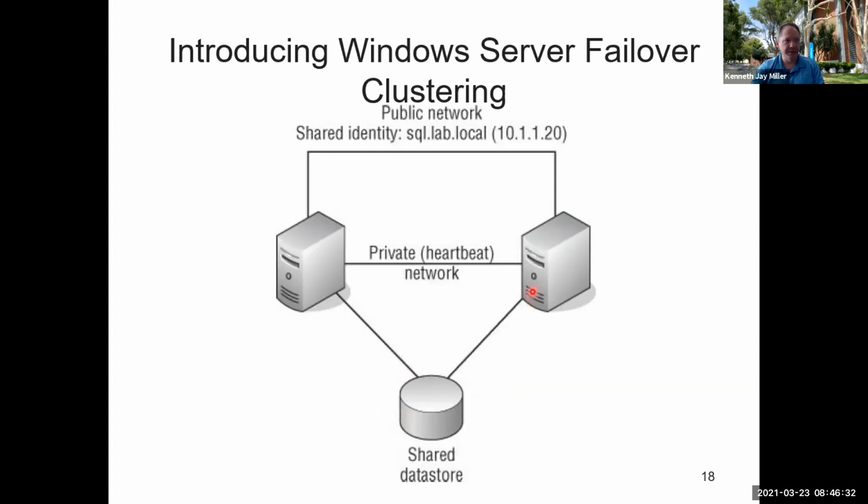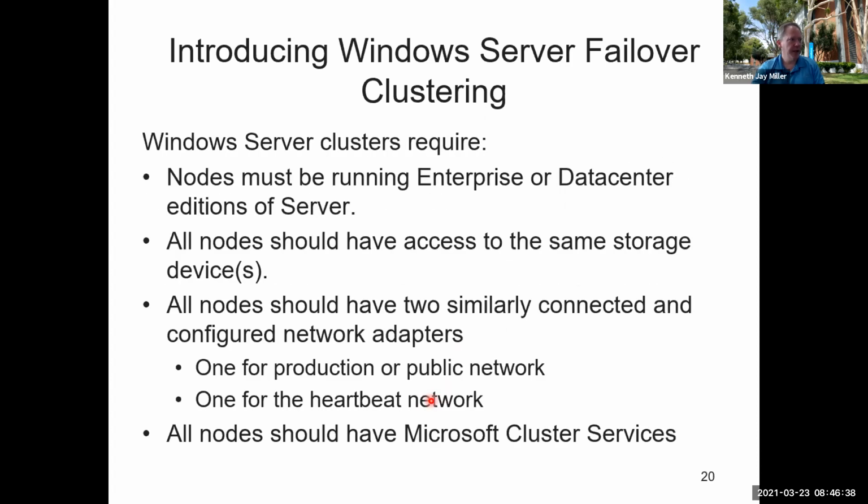That means they have to be networked to get to this SAN. Typically, it'd be a storage area network. All nodes should have two similarly connected and configured network adapters, one for the production or public network and one for the heartbeat network. And they have to have the Microsoft cluster services installed and configured.